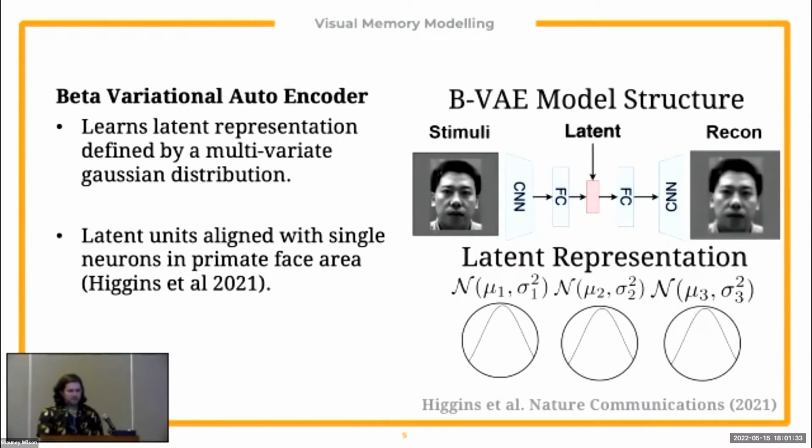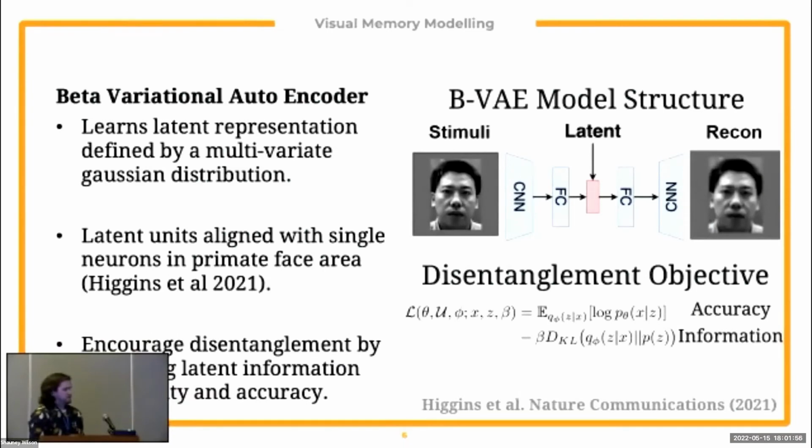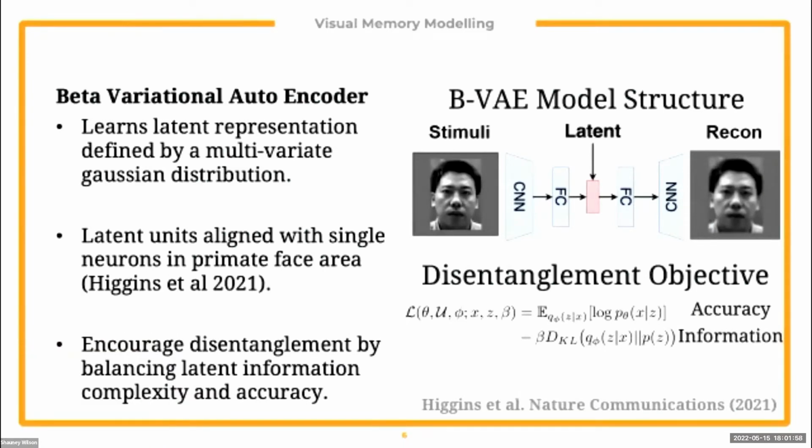A recent study by Higgins et al. in 2021 found that the activity of neurons within the primate face area while viewing images of human faces demonstrated a similar correspondence to the behavior of these latent representations trained to reconstruct images of human faces. Specifically, they both demonstrate the so-called disentanglement objective.